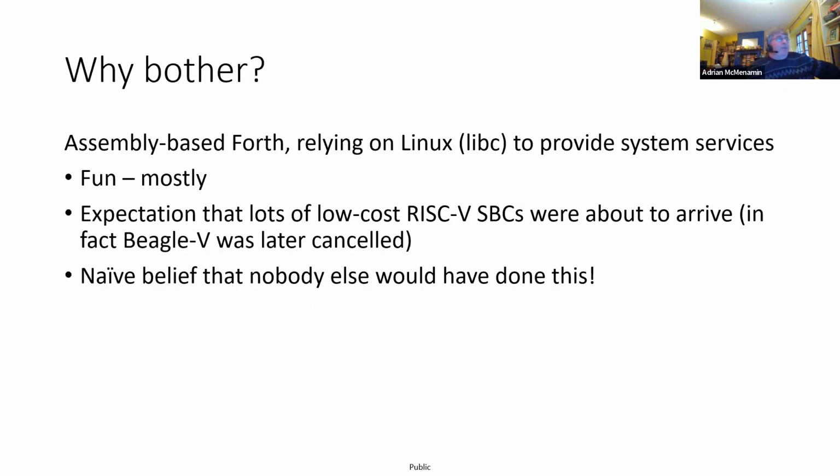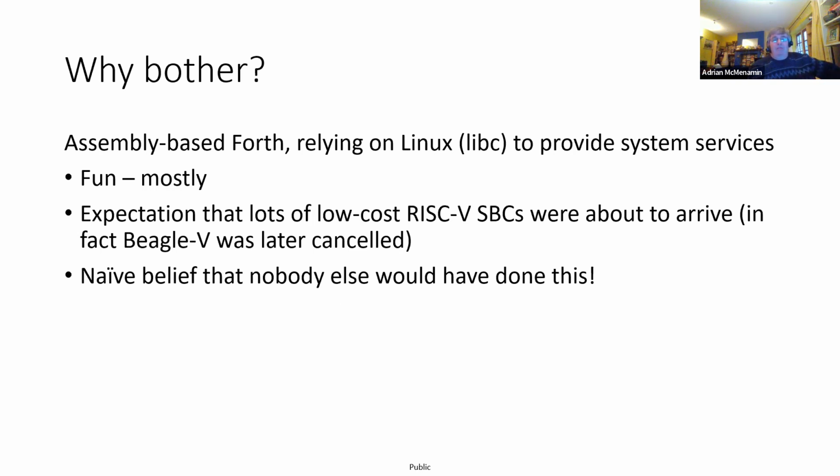It is to develop a Forth for single board computers using RISC-V. Started more or less about a year ago, because at the time it looked as though we were going to get a flood of single board RISC-V computers onto the market.